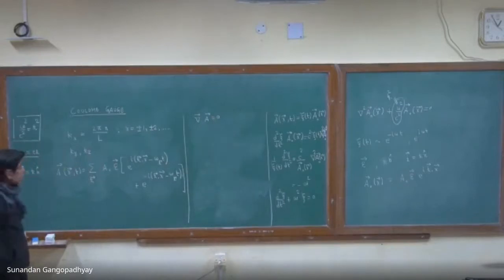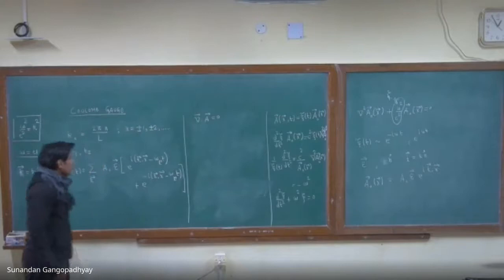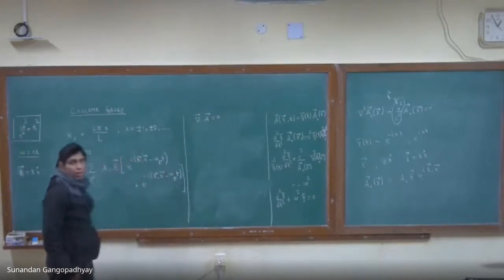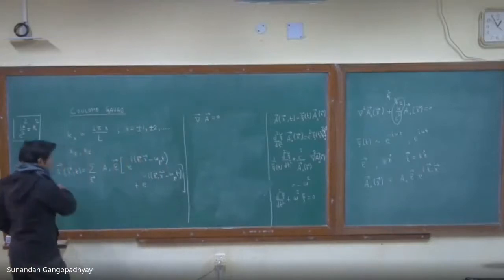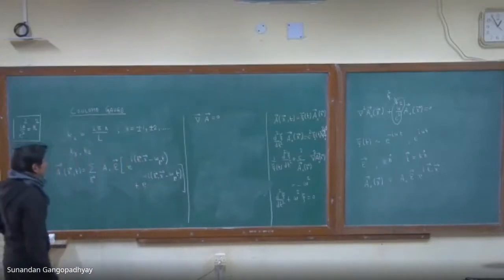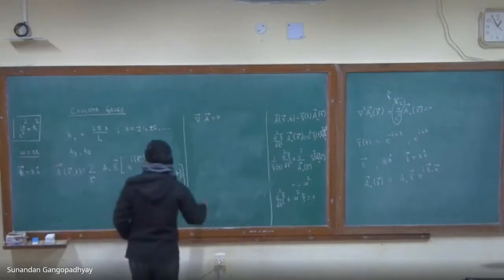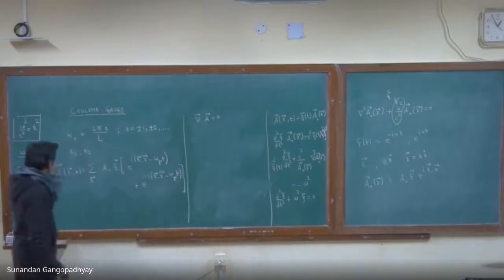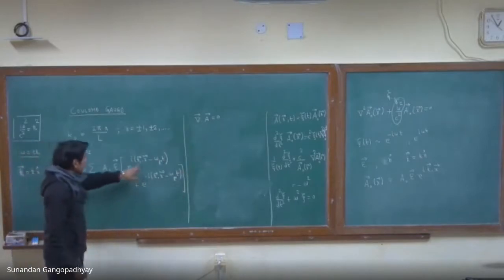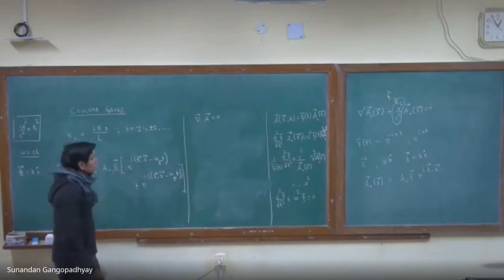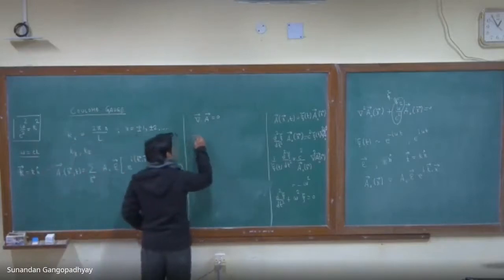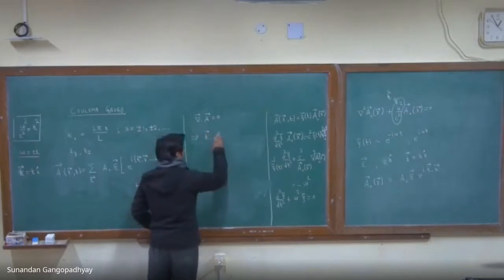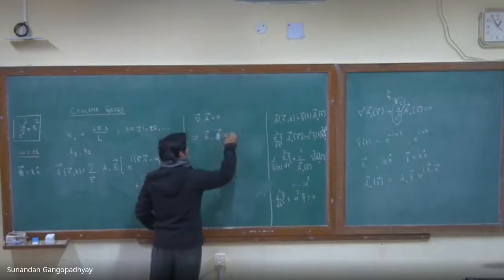And what I am saying now is the following, that this solution that I have given should be compatible with this condition. So if you take a divergence of this equation that we have written down, you can immediately see that if I take a divergence of the A vector, then you will have ik coming down over here, and this would immediately give us k vector dot epsilon vector equal to 0.